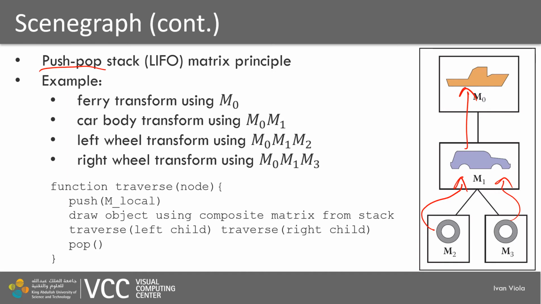It will be maybe some translation which moves our ferry. And then on the ferry, our car can move, but together with the ferry, it will move even by the matrix M0. So the transform for the car will be M1 and then M0.